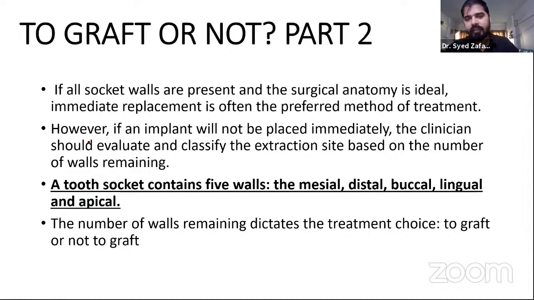The second important thing, we have learned atraumatic extraction. What will be the second most important thing? When to graft and when not to graft. We already know there are walls of the socket: mesial, distal, buccal, lingual, and apical.